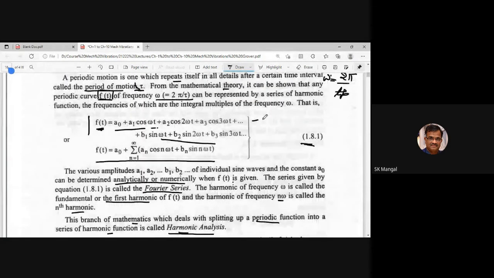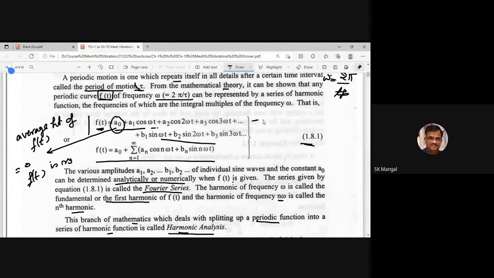Here I would like to tell one more thing. Your A0 is basically representing the average height of the function f(t), and this will be equal to 0 when the f(t) function is symmetric about the x-axis, or time axis.